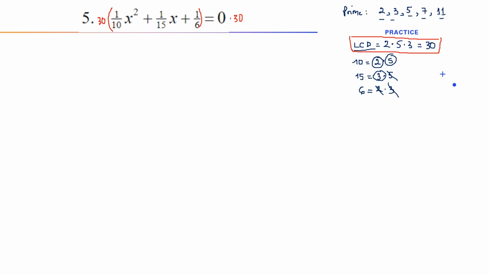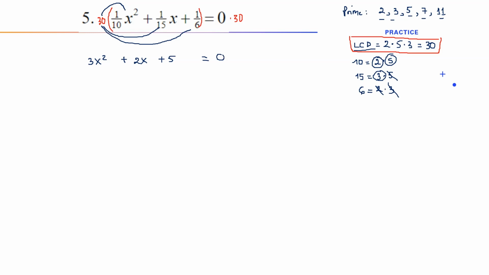Okay, so we have to distribute it, right? 30 divided by 10 is 3, so 3x squared, plus 30 divided by 15 is 2, so 2x. 30 divided by 6 is 5.